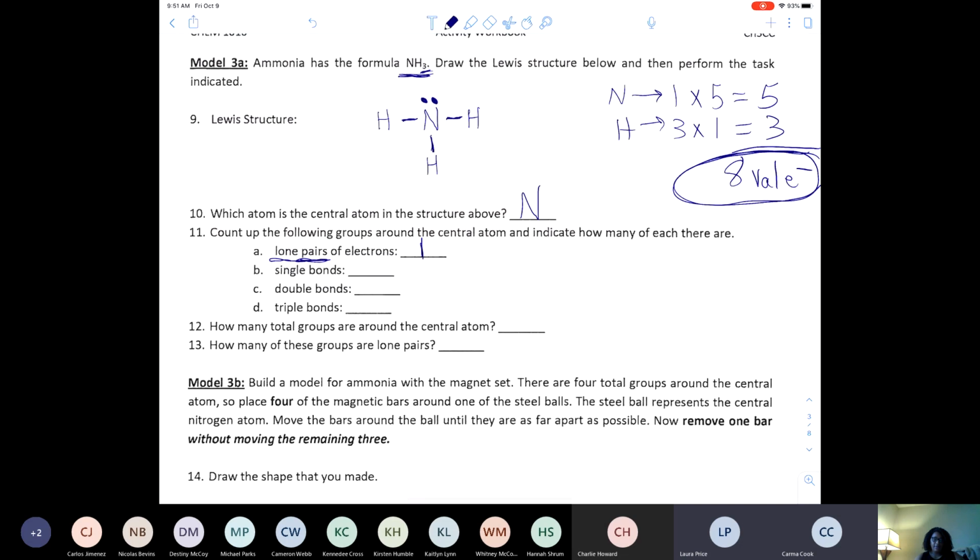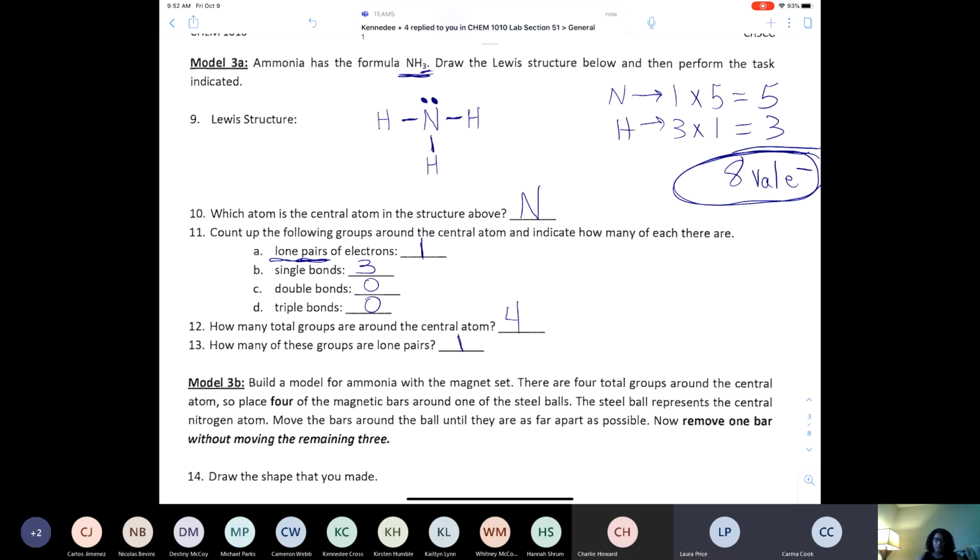Very good. How many single bonds are around the central nitrogen atom? Very good. Thank you, Hannah. And we said there are no double bonds and no triple bonds. How many total groups are around our central nitrogen atom? Thank you, Whitney. How many of these groups are lone pairs? 1. Very good.